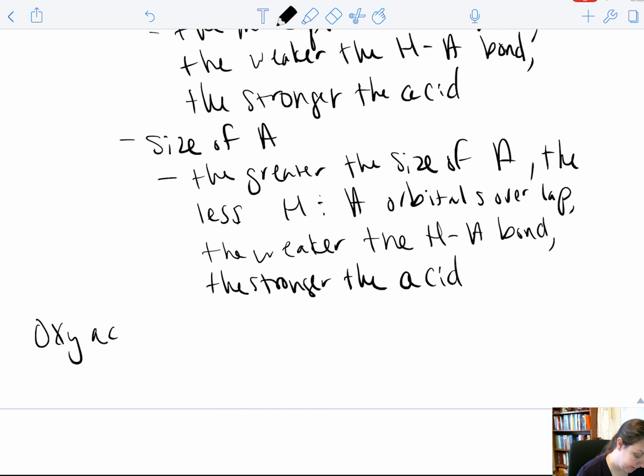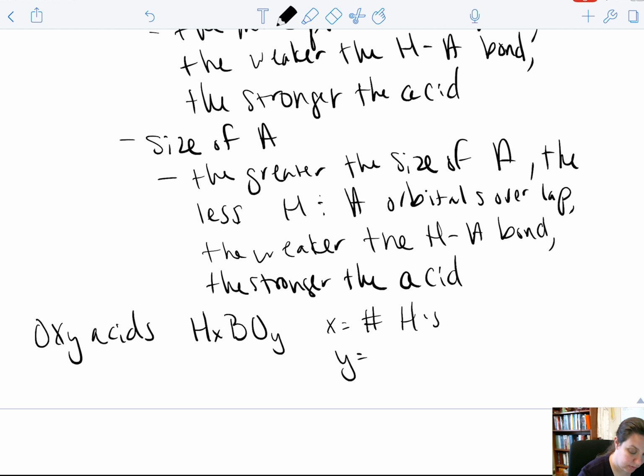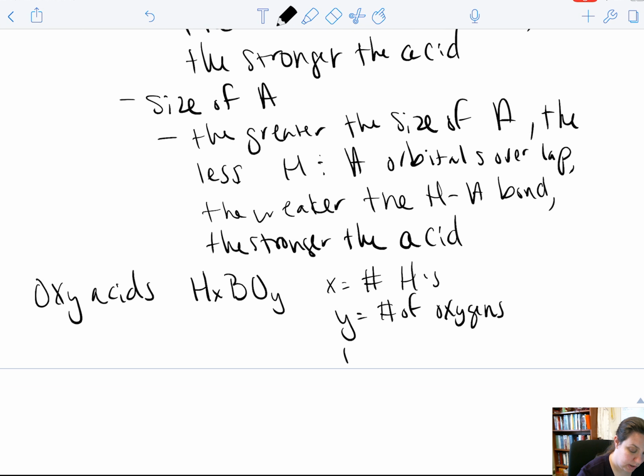We can also look at oxy acids. So this is where we have HXBOY. X is the number of hydrogens, Y is the number of oxygens, and B is our other element in the acid, which is not oxygen.